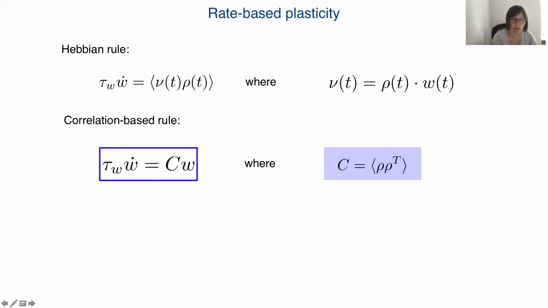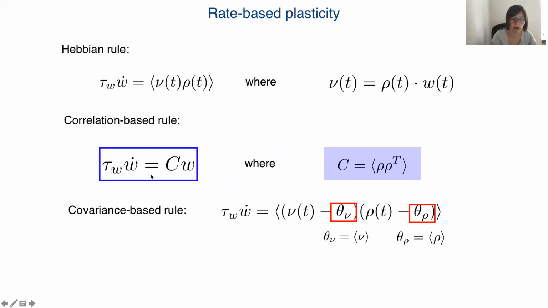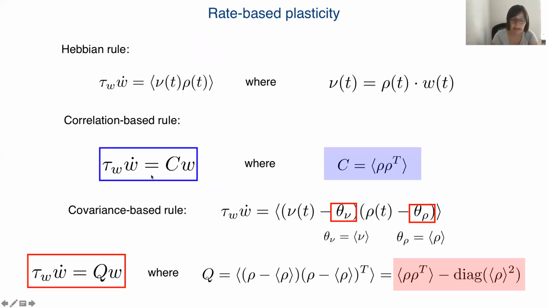Therefore, we got these correlation and covariance-based rules that purely depended on the correlation and the covariance matrices of the inputs, because we assume this model for the linear neuron, right? So I hope you remember this, W dot equal to CW or to QW.